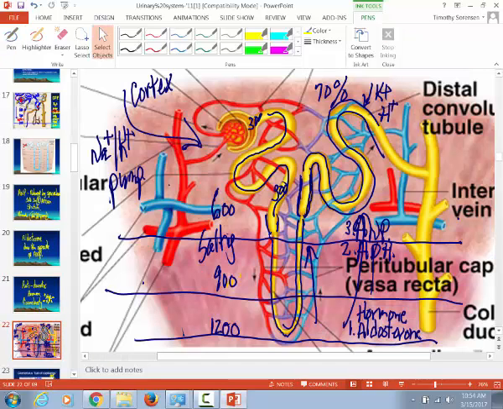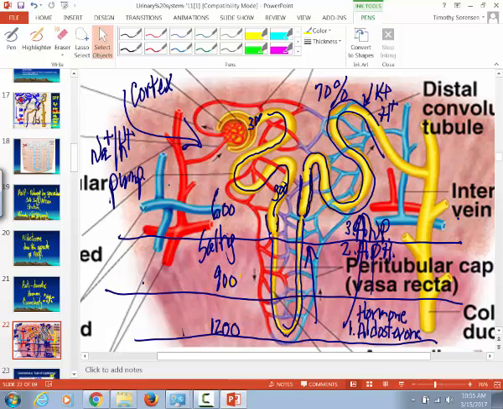Did you miss it? Watch. Whatever is left over after you filter, reabsorb, and secrete ends up in the collecting ducts.